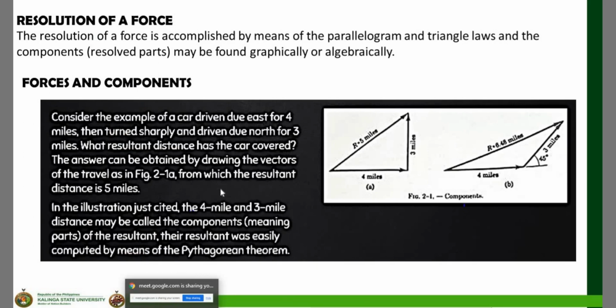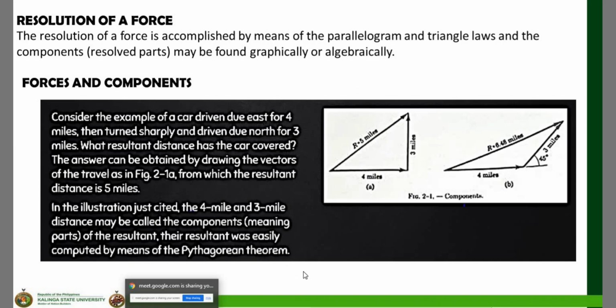So, for example, let's consider a car driven due east for 4 miles, then turn sharply and driven due north for 3 miles. The resultant distance covered is equal to 5 miles. This illustration, yung 4 miles at saka yung 3 miles, we call these the components, or yung tinatawag nating parts ng resultant. And masosolve natin itong resultant using Pythagorean theorem.